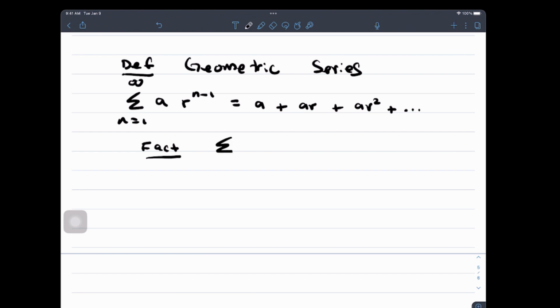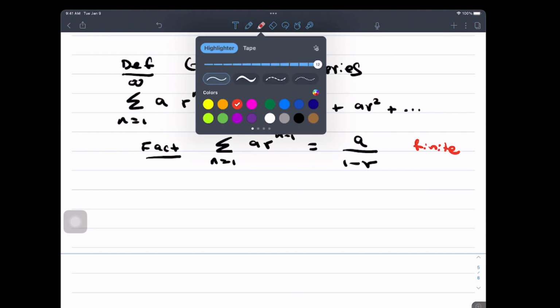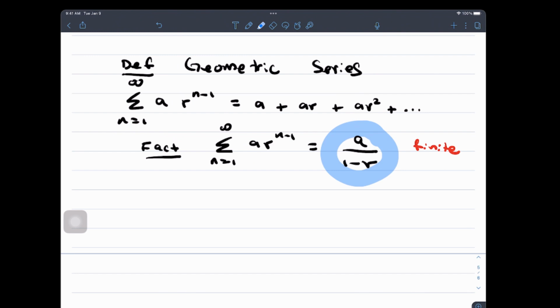The geometric series will converge to a finite value. This is finite. It does converge, but what does it converge for?